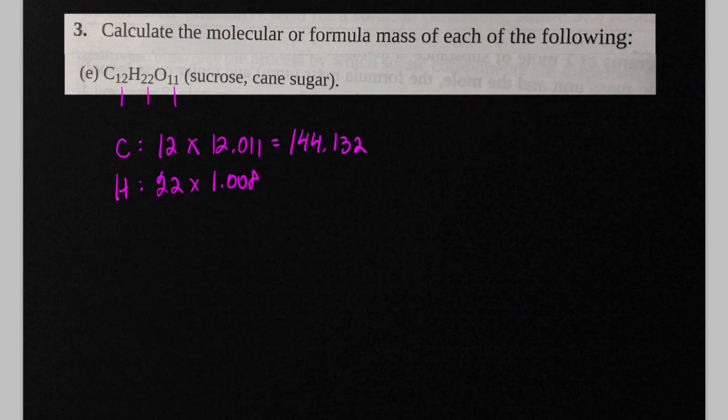For hydrogen, we have 22 of those, coming out to be a total of 22.176. And for oxygen, we have 11 oxygen atoms. And again, the periodic table will give you these numbers. I'm using ptable.com.